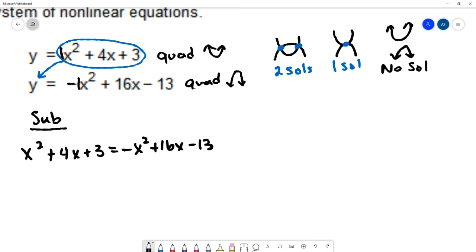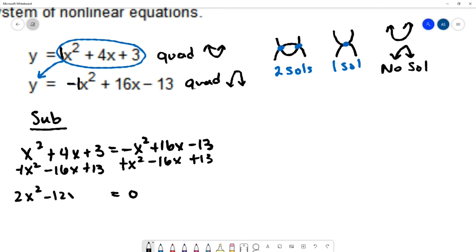Now our equation only has the variable x, and I'm going to move all the terms to the same side. So let's add x squared, subtract 16x, and add 13. Okay, this is going to give 2x squared minus 12x plus 16 equals 0.